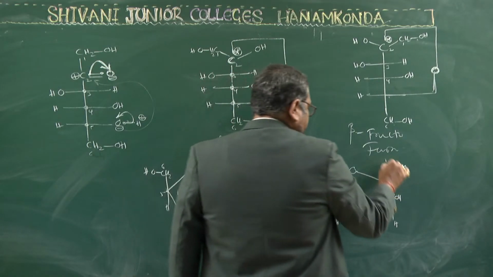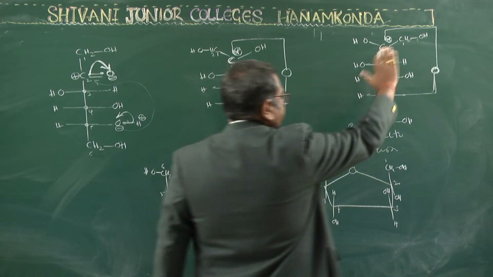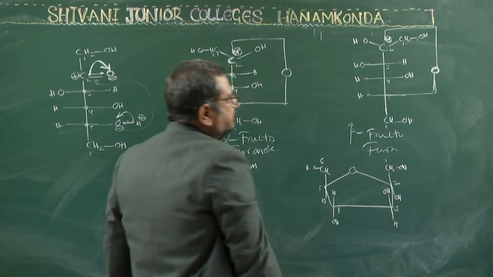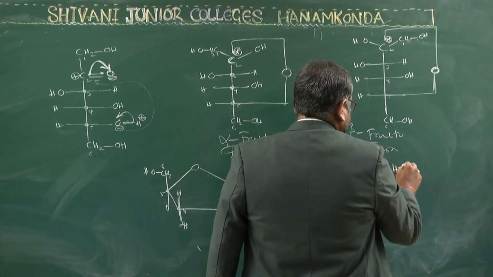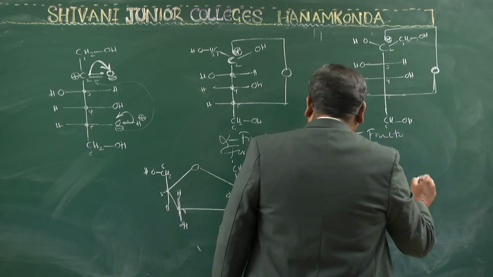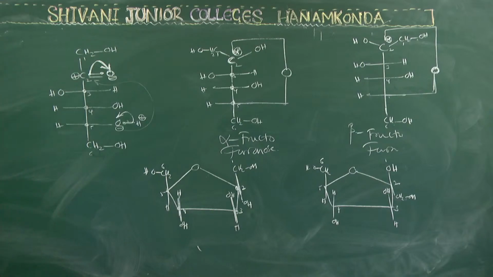This one is the sixth carbon: first carbon, second one, third one, fourth one, fifth one, sixth. Carefully observe, the ring side is in the downward direction, and on the opposite side, in the top direction. So that one is beta-fructofuranose, the Haworth structure. Carefully note down that ring formation takes place between the second carbon and the fifth carbon.